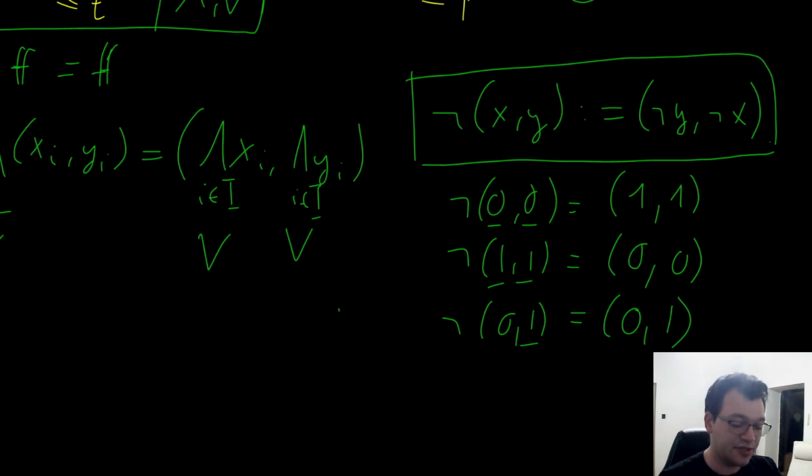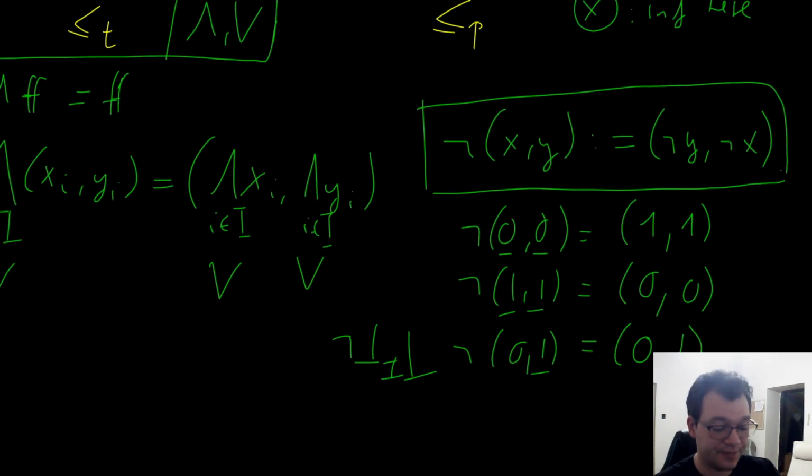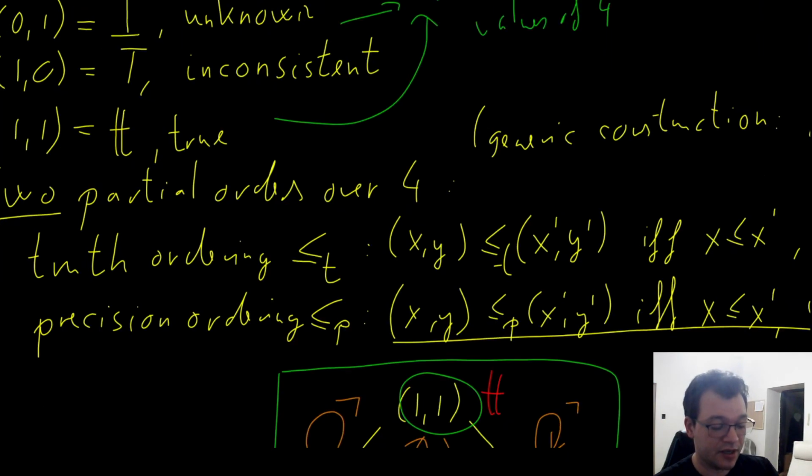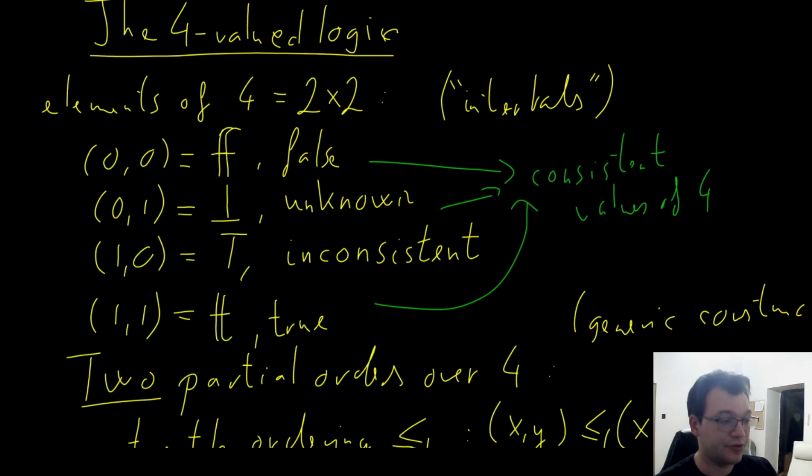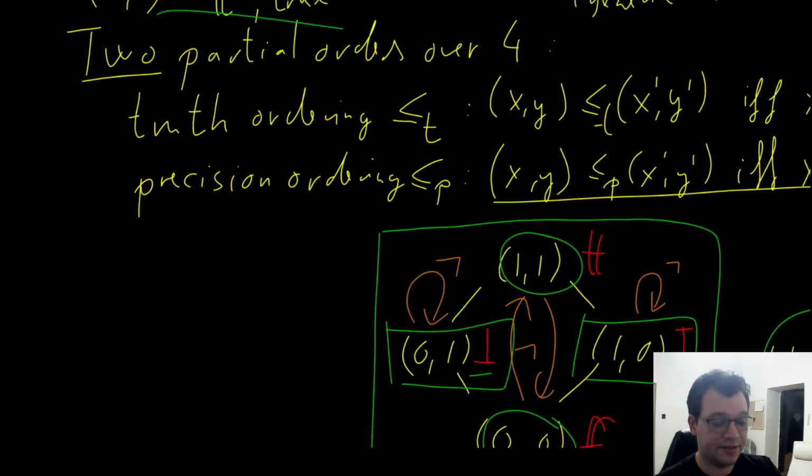So basically, the negation of the unknown value is just the unknown value, and this is how we evaluate our formulae or our clauses. Now, another question is how we handle implications, because an implication can also be defined in several ways.